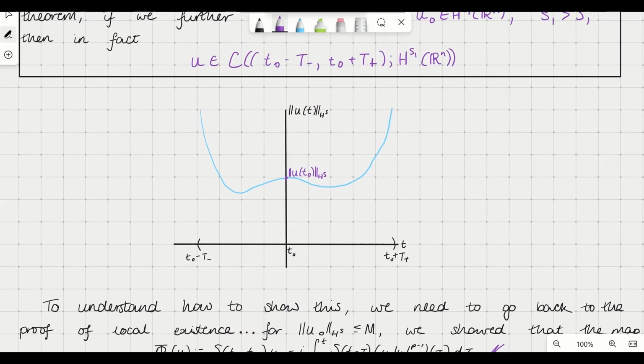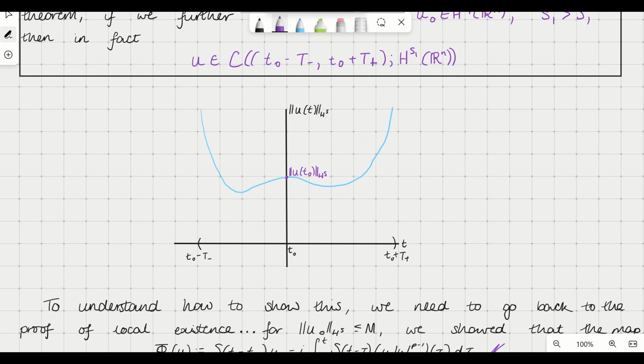Well, if we look at our solution up here, defined on its maximal interval, t0 minus t minus, t0 plus t plus, even if we knew that our data at time t0 lay in HS1, if we were only able to extend it in HS1 by some amount of time depending on that HS1 norm, then since we have no control on the size of the solution in HS1, we couldn't guarantee we could carry on doing this for long enough.